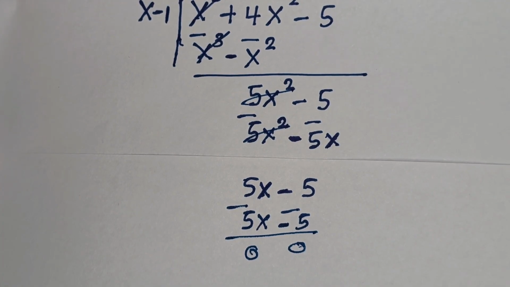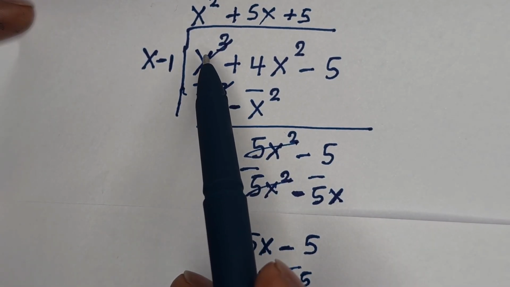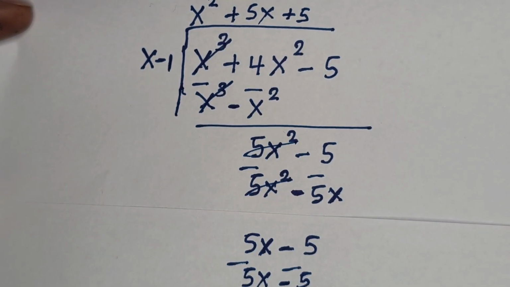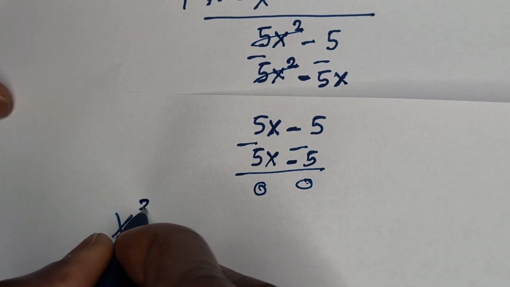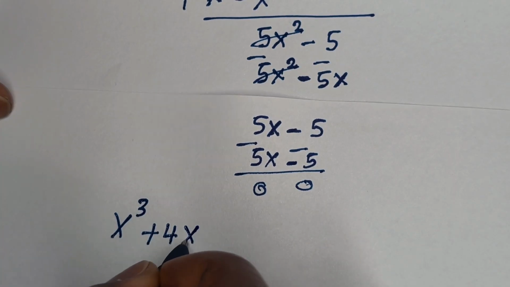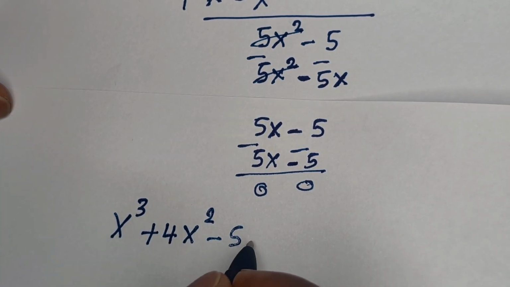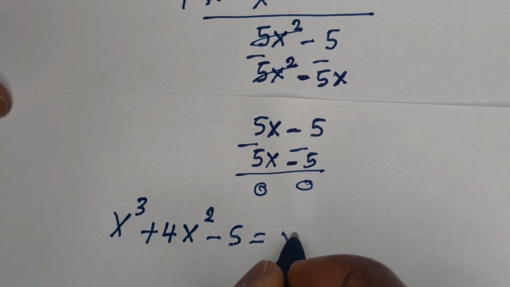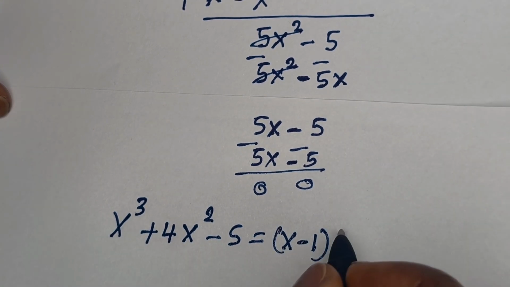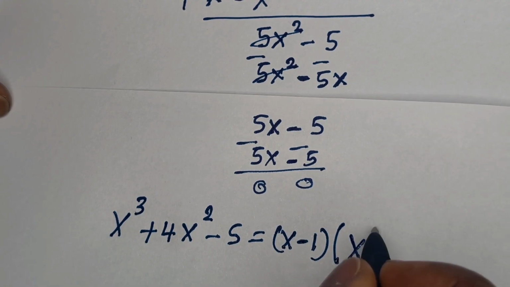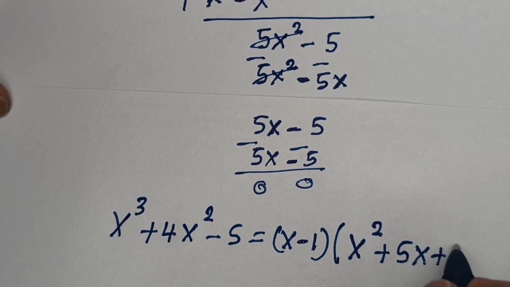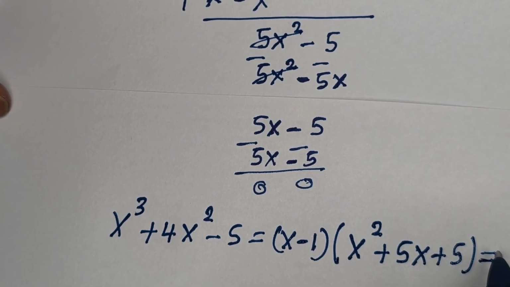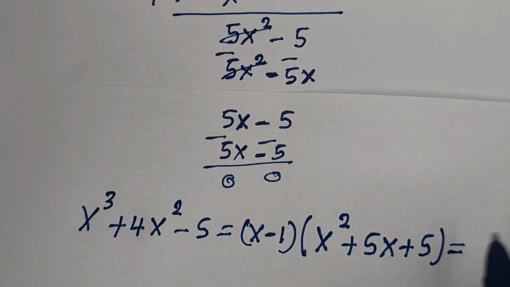Therefore, the other factor of this equation is s squared plus 5s plus 5. Then s raised to power 3 plus 4s squared minus 5 is equal to s minus 1 bracket s squared plus 5s plus 5 is equal to 0.